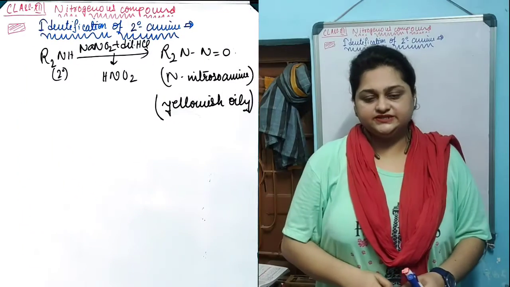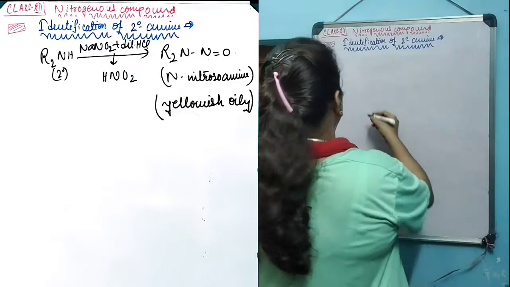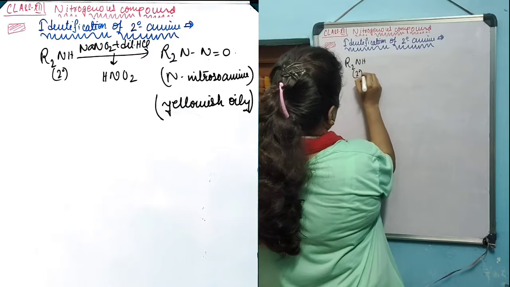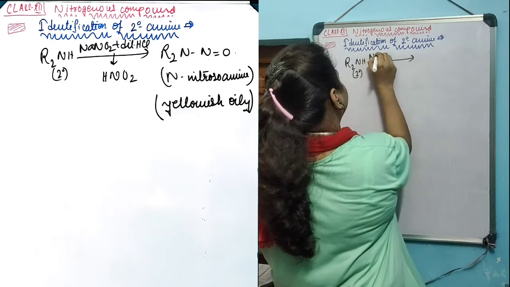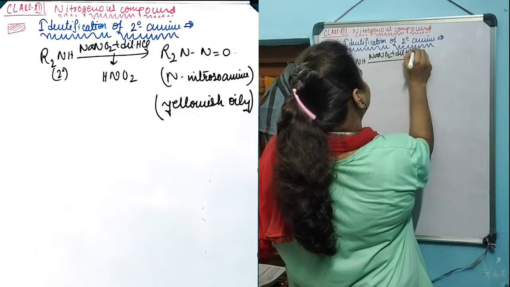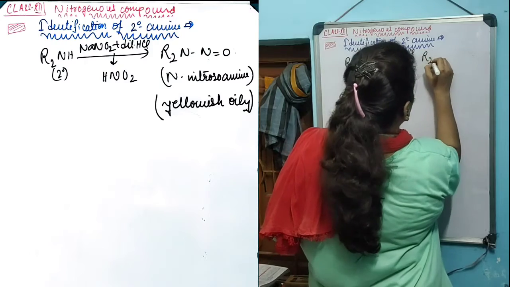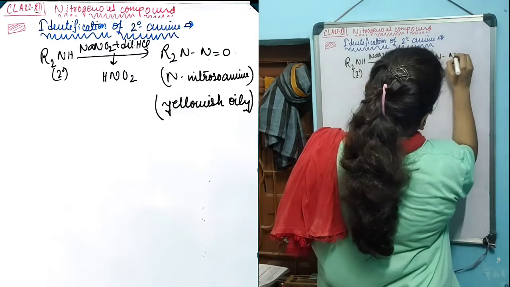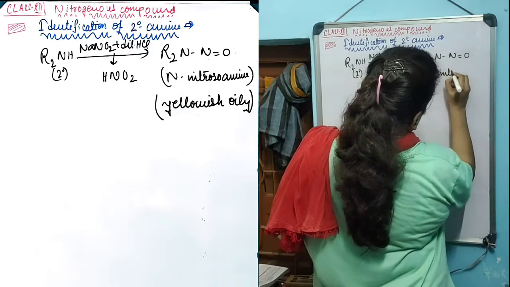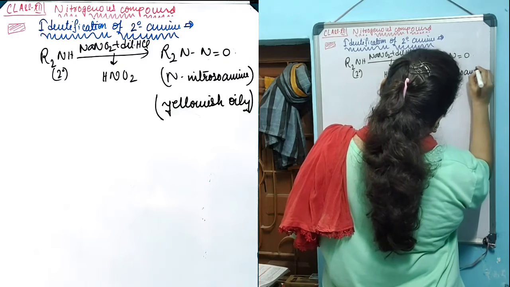The Liebermann nitroso test is used for the identification of 2-degree amine. This is a 2-degree amine. When it is treated with NaNO2 and dilute HCl, which is nothing but HNO2, it produces R2N-NO, an N-nitrosamine compound.